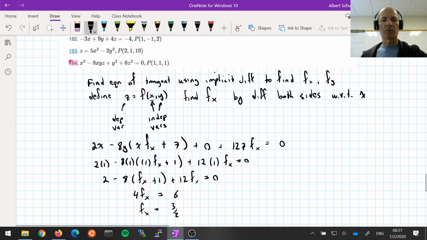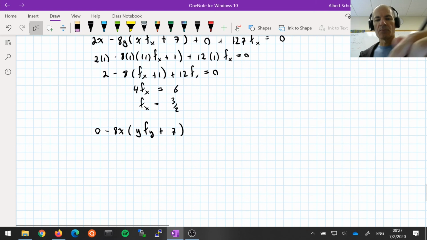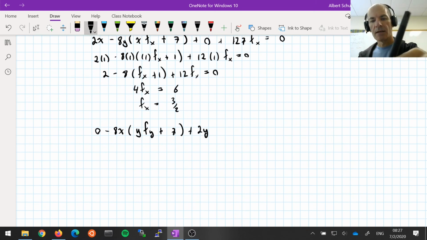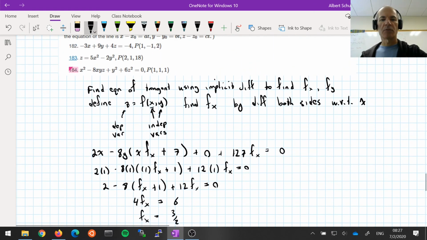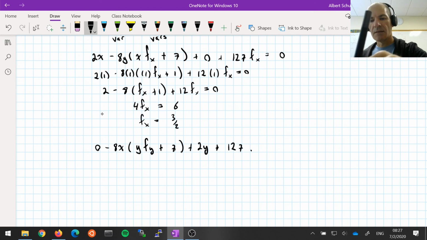So that's the product rule on the product yz. The derivative of y squared with respect to y is 2y. And then last, we have the derivative of 6z squared with respect to y. That's 12z times f sub y equals 0.